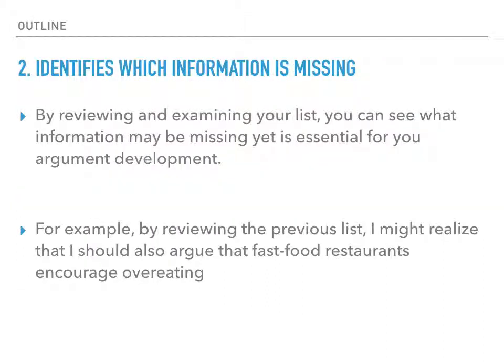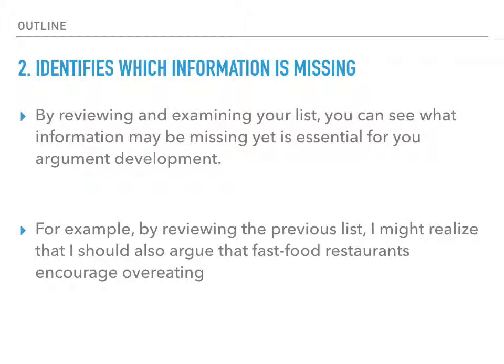Number two, I can then see which information is missing. When I go back and look through that list, I might realize, oh, I forgot another point that could be really helpful. So by having this visual layout of my potential argument, I can start to see some gaps or some arguments that might be weak that I want to cut out and think of new ones that are stronger that I can include.